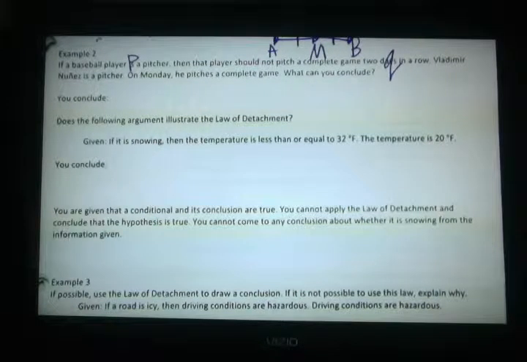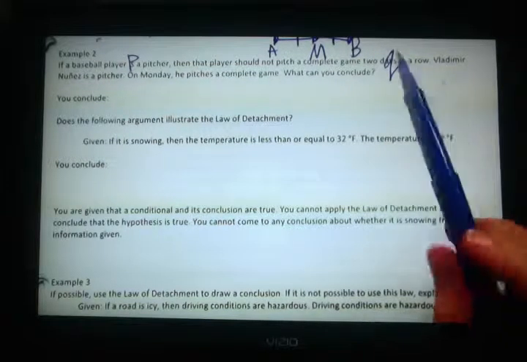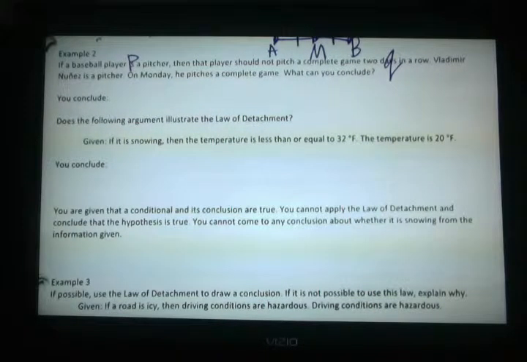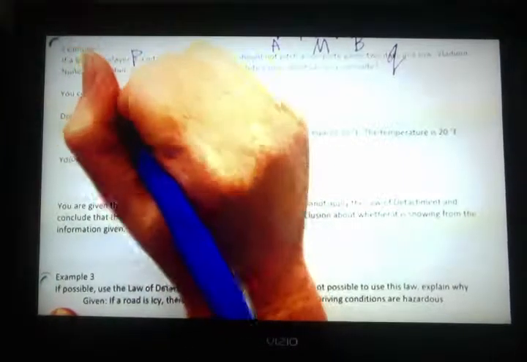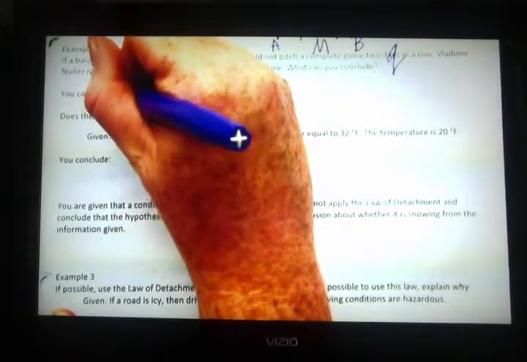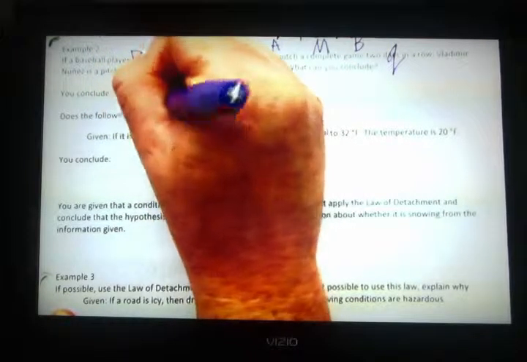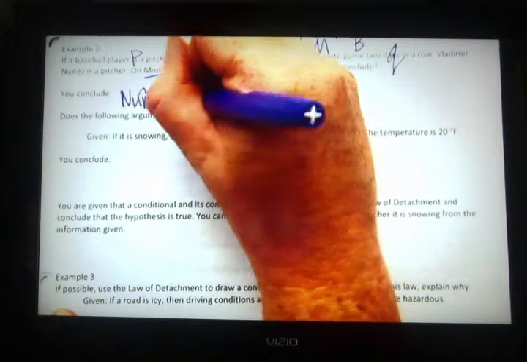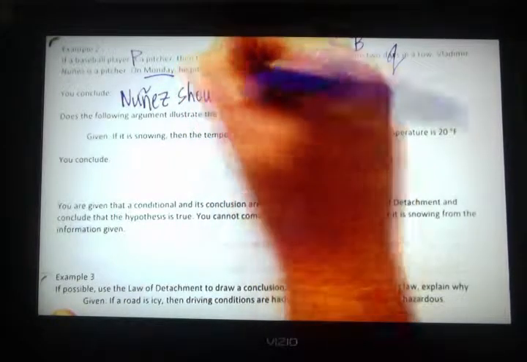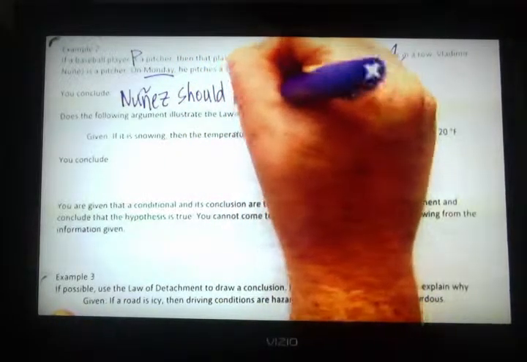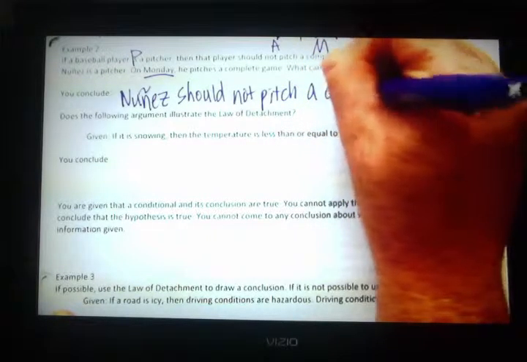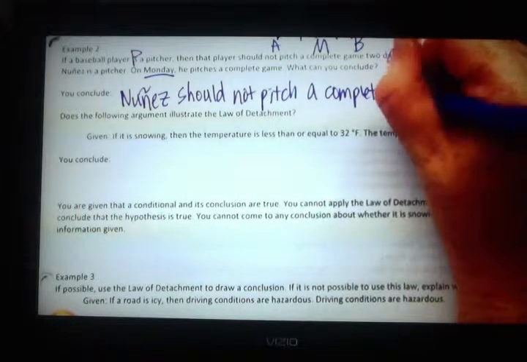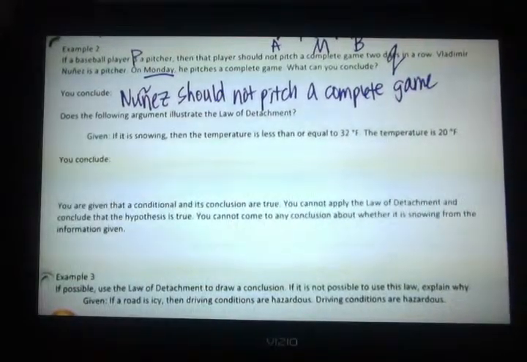Okay, so you should conclude it needs to be 2 days in a row where they cannot pitch. So the next day after Monday, which is what you're given, is Tuesday. So you should conclude that Nunez should not pitch a complete game Tuesday.